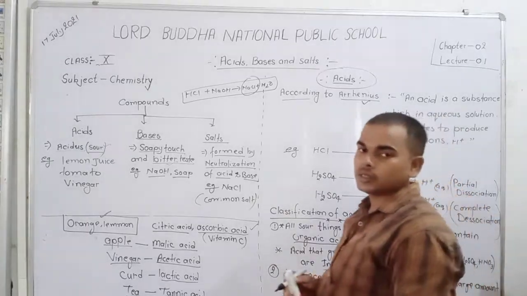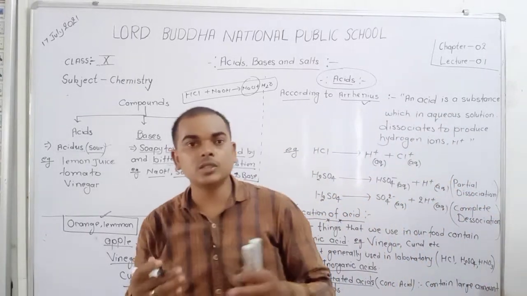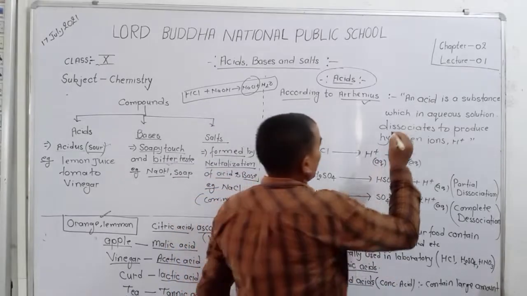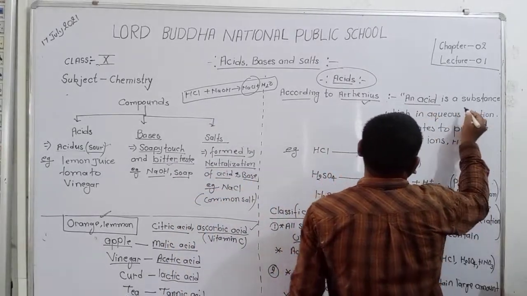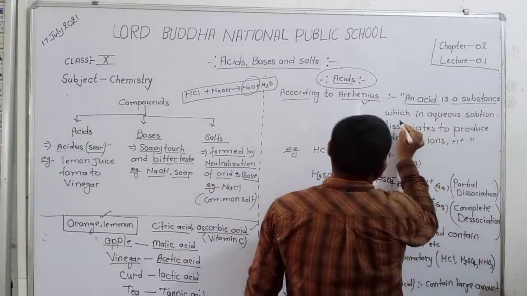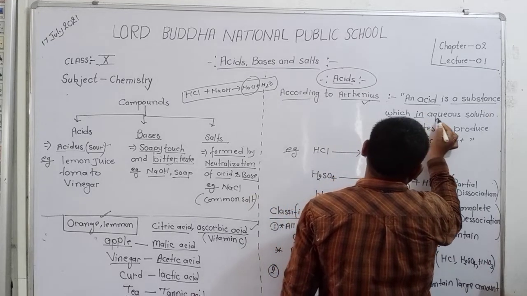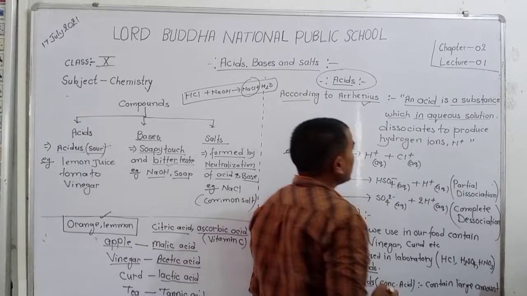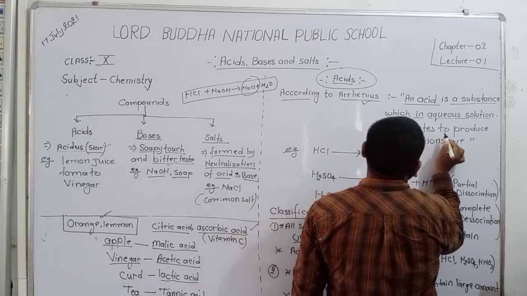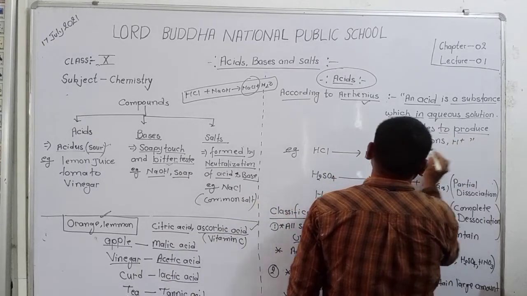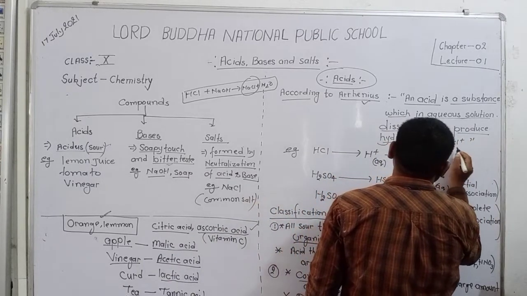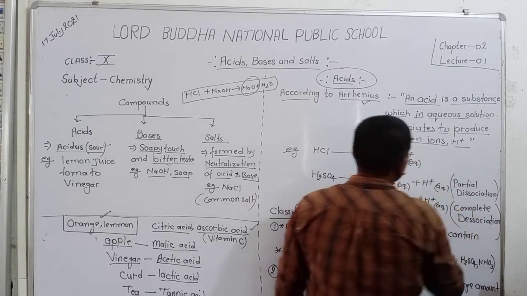According to Arrhenius concept, Arrhenius says that an acid is a substance which in aqueous solution dissociates to produce hydrogen ions. Hydrogen ions means H plus ion.